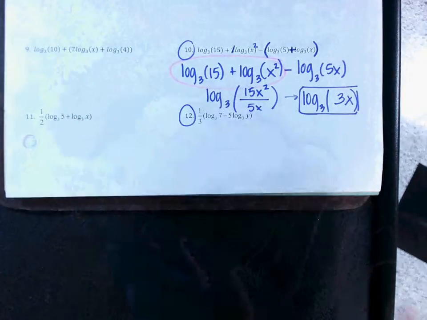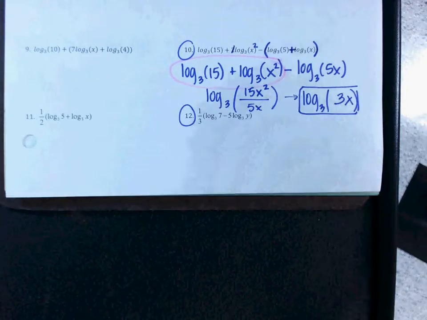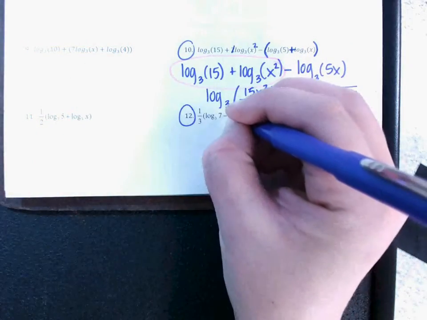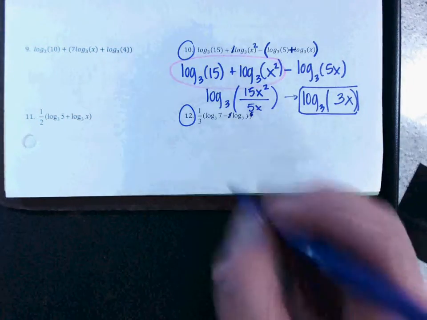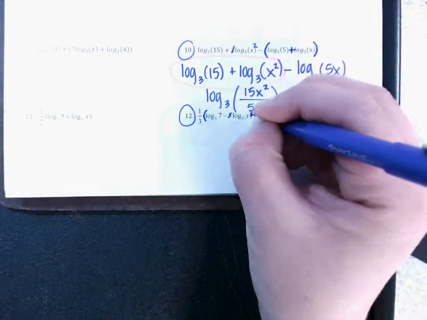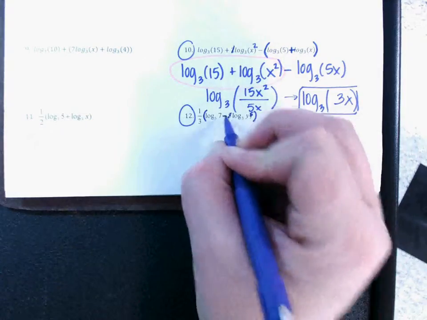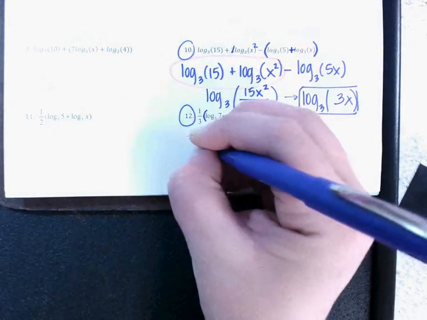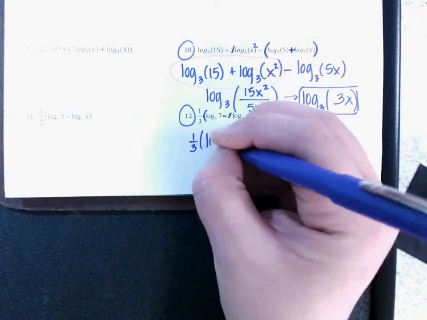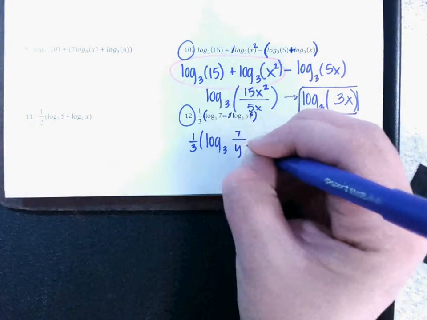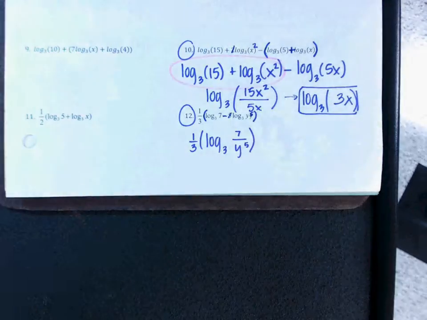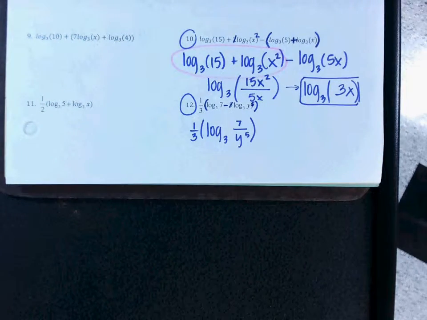Okay, so look at number 12. First thing I'm going to do is move this 5 up. So now it's a y to the 5. And then the next thing that I have to do are these parentheses. But in the parentheses is a minus. That means I'm dividing. So my 1/3 stays in the front, log little 3. And then 7 is going to go over y to the 5 because it was a division in there.